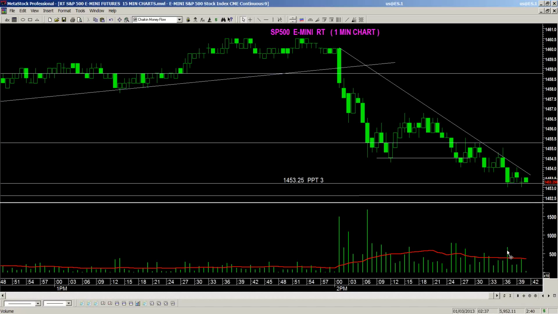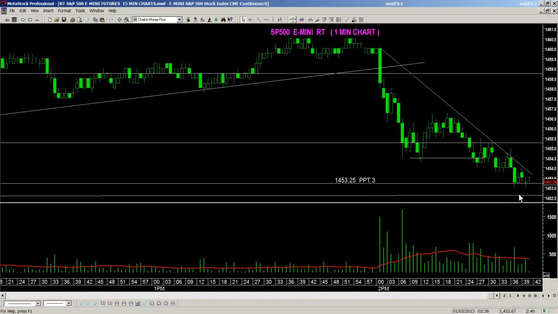Clear sell here on a 2:37 p.m. bar for 6,693 contracts. We are looking for the close below 1453.25. What may turn out to be one more level to the downside as established by previous prices.